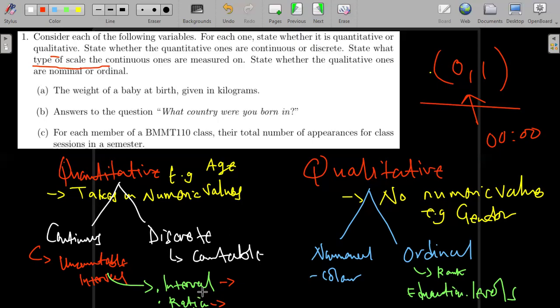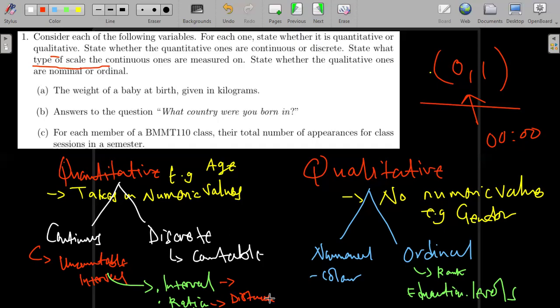Its 0 point is very significant. For example, distance. If you say that today I've moved 0 meters, what does that mean? It means you didn't move at all. You didn't cover any distance. So the 0 point is true. You travelled 0 meters.